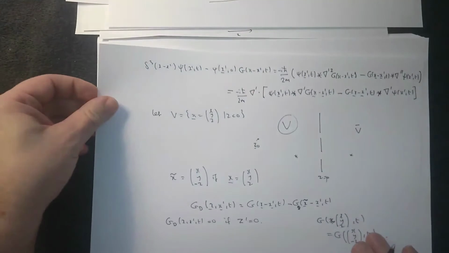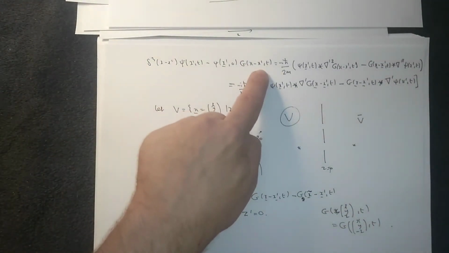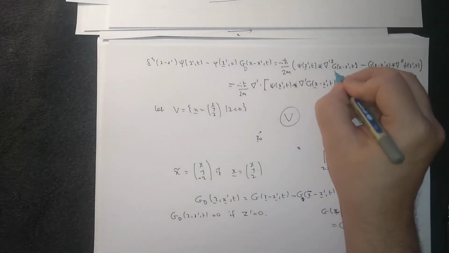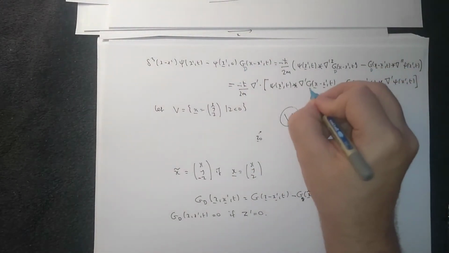Okay, so we can take this expression that I've already got and substitute for the Dirichlet-Green's function.